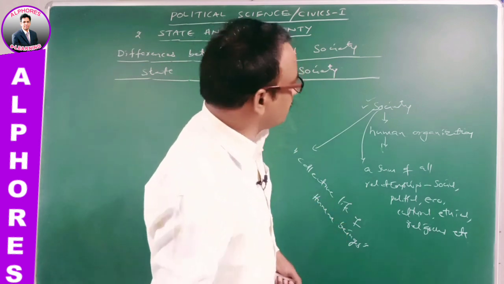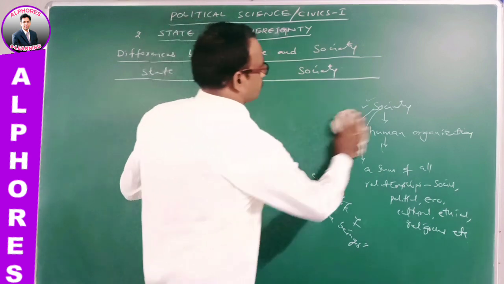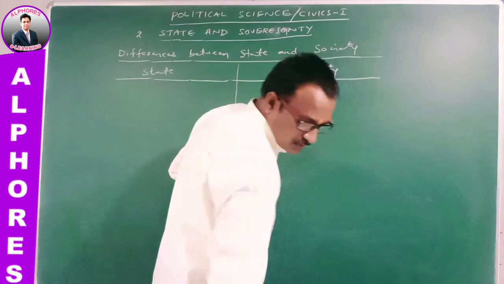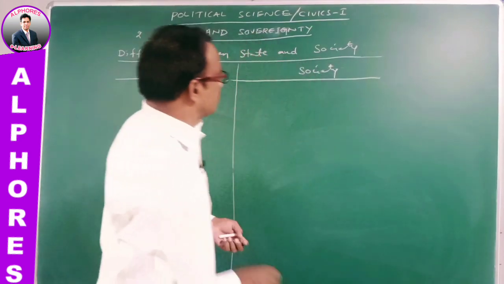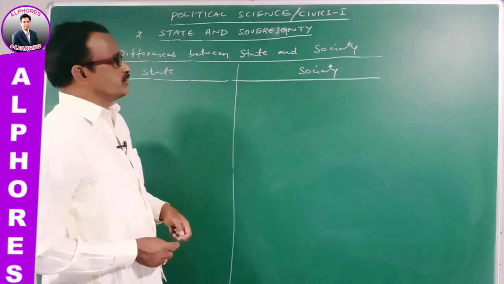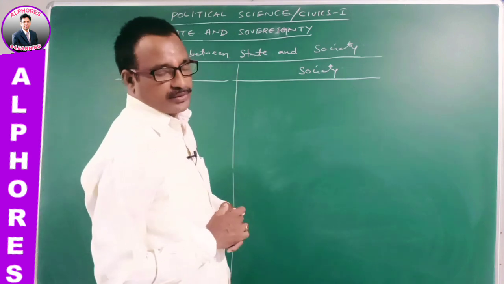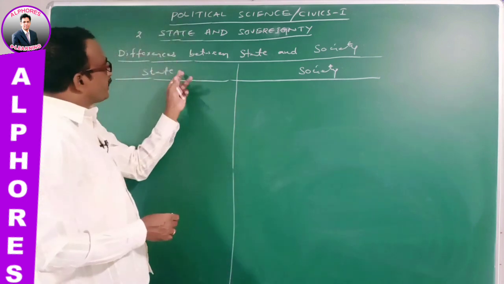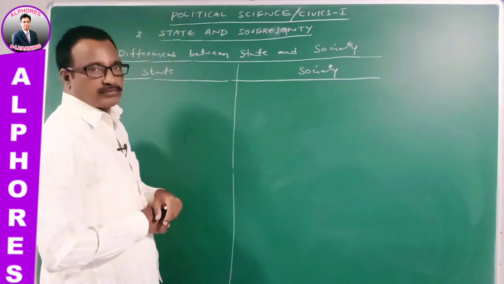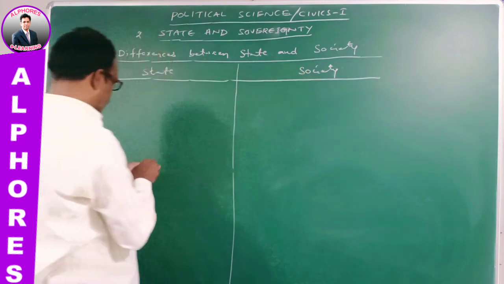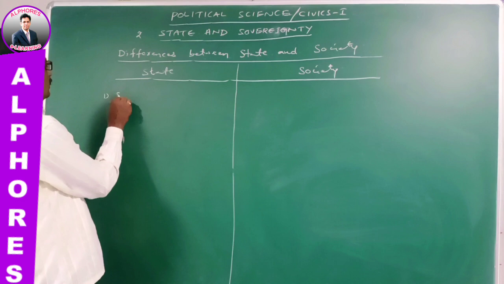Now, what are the general differences between state and society? Already we know in society so many associations are there. State is a part of society. What is the first one?